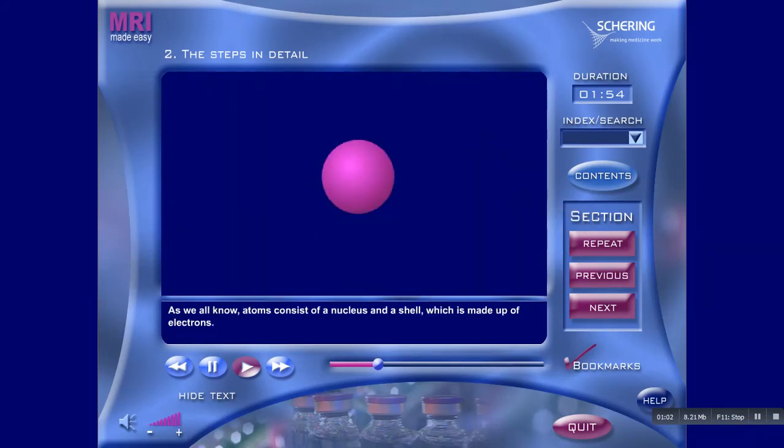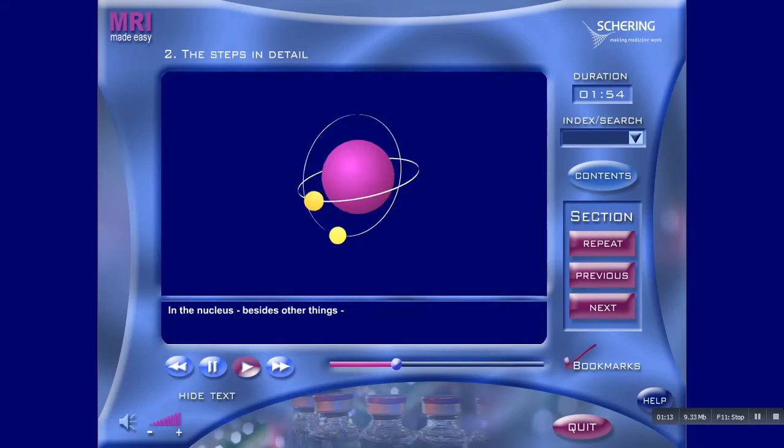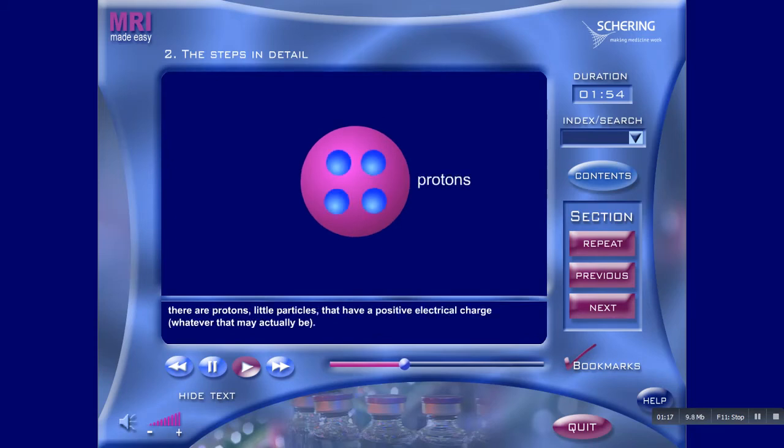As we all know, atoms consist of a nucleus and a shell, which is made up of electrons. In the nucleus, besides other things, there are protons, little particles that have a positive electrical charge, whatever that may actually be.